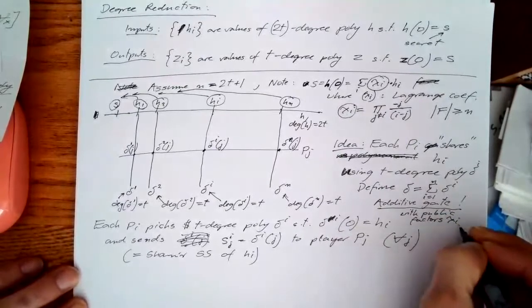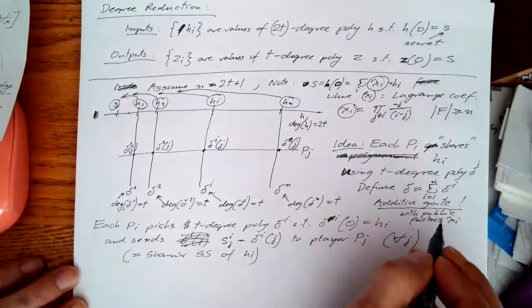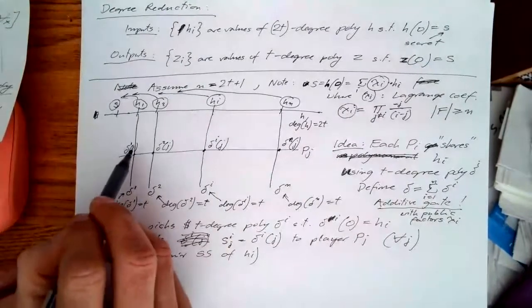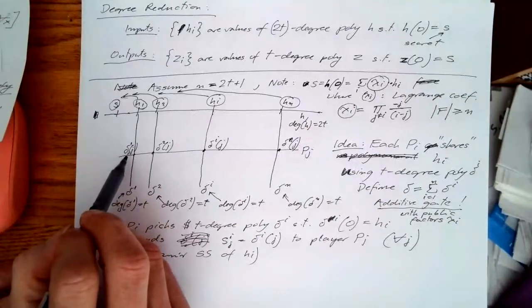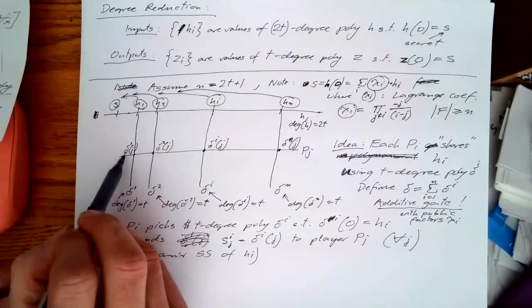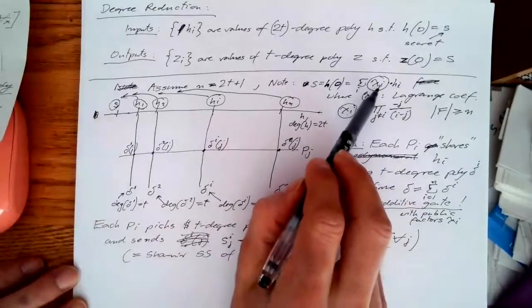Alpha, lambda. They are not a problem because everybody can simply multiply their share by a corresponding lambda.